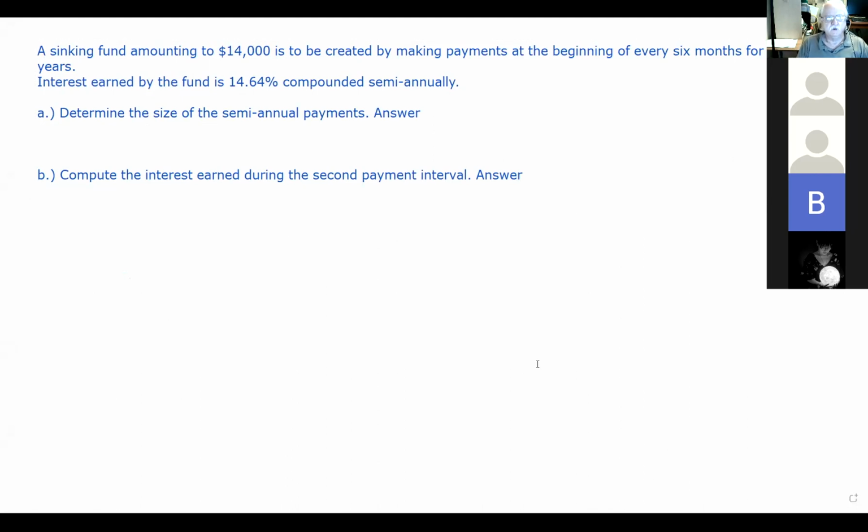So a sinking fund amounting to 14,000 is to be created by making payments at the beginning of every 6 months for 3 years. Interest earned by the fund is 14.64% compounded semi-annually. Determine the size of the semi-annual payments.